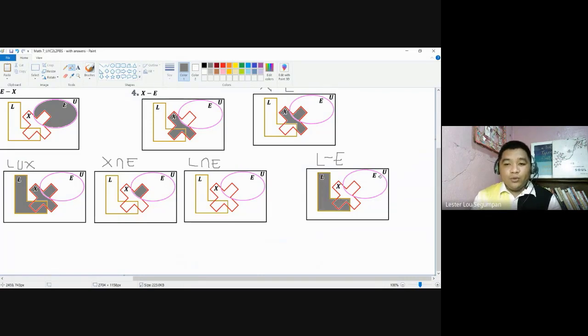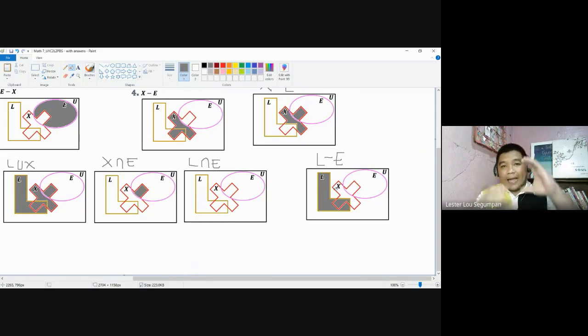But we are going to remove set E. Notice that set E and set L are disjoint, so no other region of set L is also part of set E. So if we remove set E, the answer would be L itself. Do not answer unshaded, because unshaded would mean we are removing everything. To answer this, again, we shade set L, but there is nothing that we could remove since set E is not connected to set L.